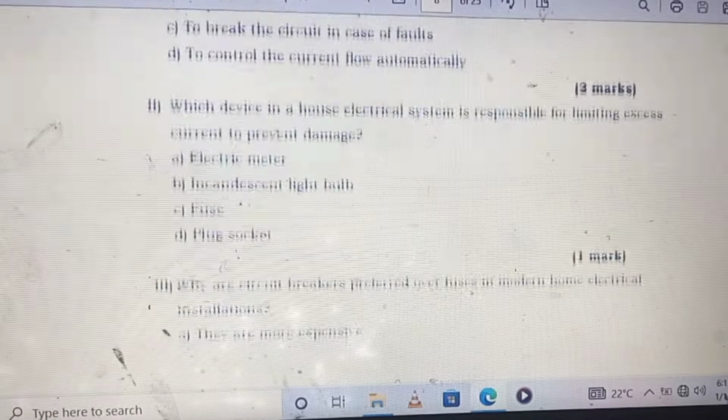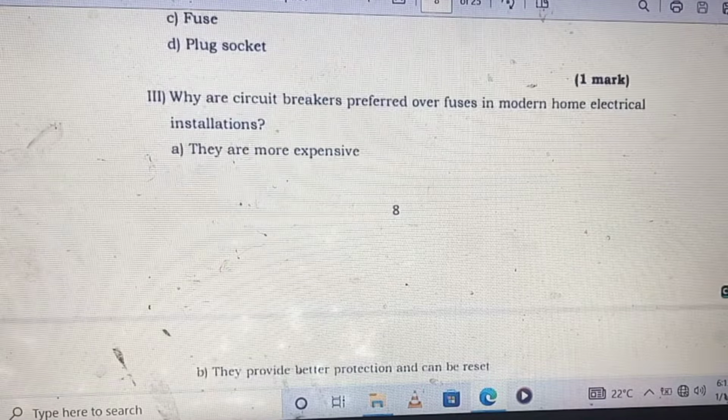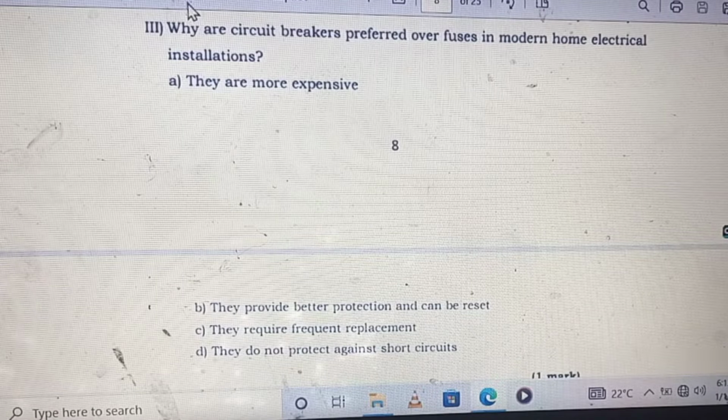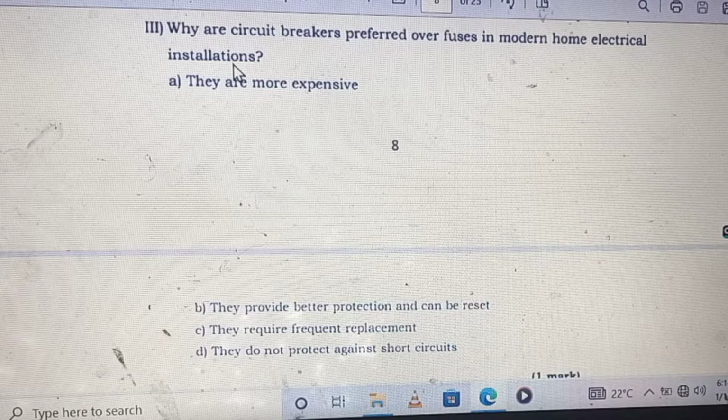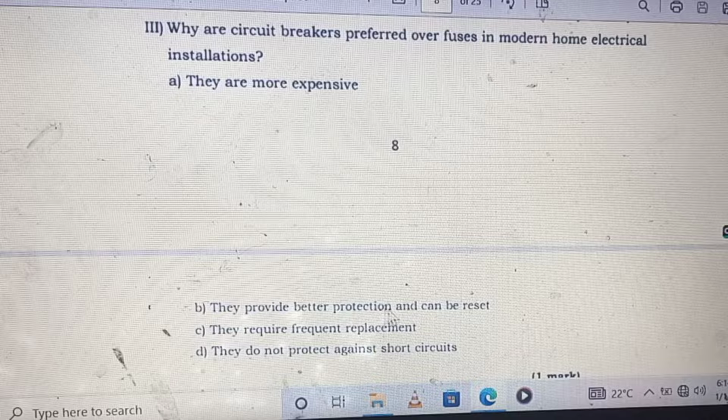Next question. I3. Why are circuit breakers preferred over fuses in modern home electrical installations? The correct option is B. They provide better protection and can be reset.